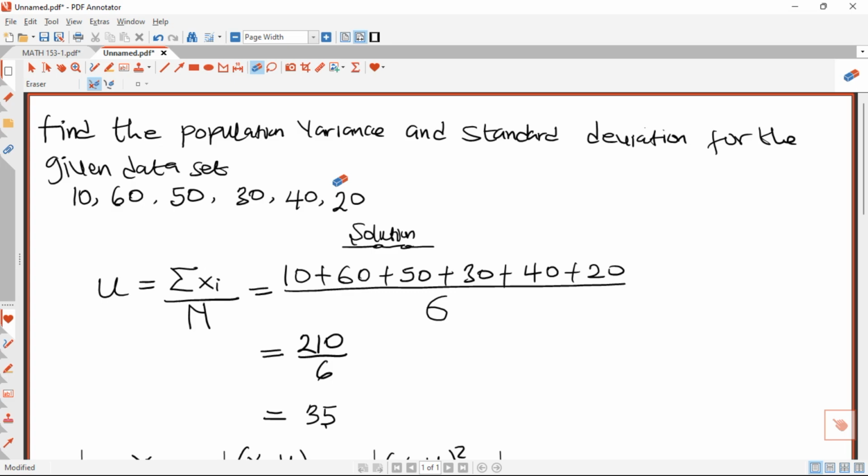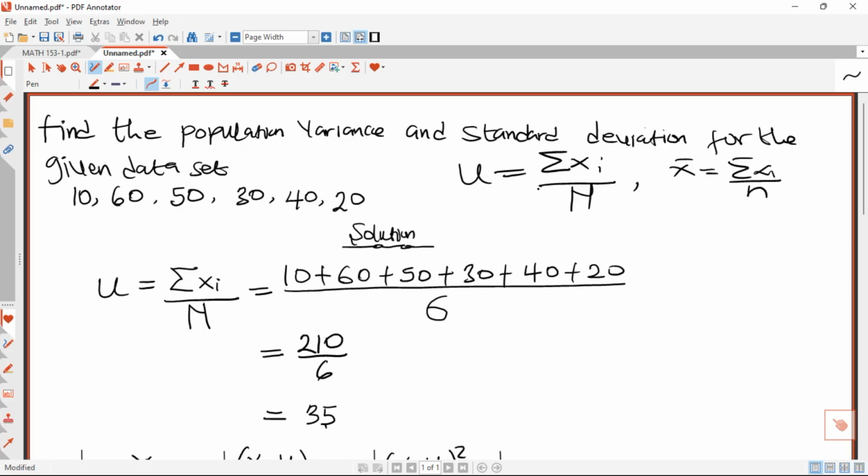So we have the population mean and the population variance. The population mean is usually represented by mu, which is the summation of xi divided by capital N. For the sample, we have the summation of xi divided by small n.